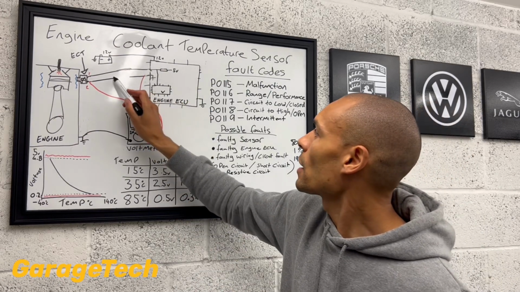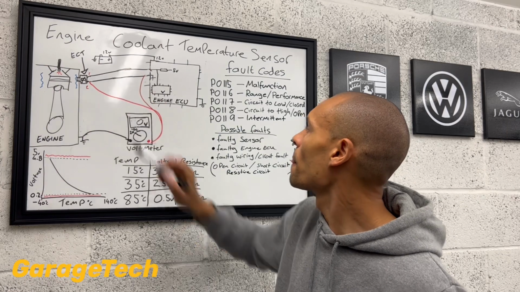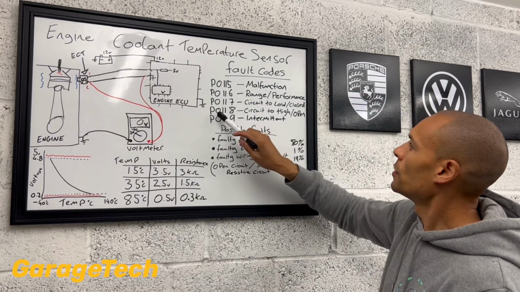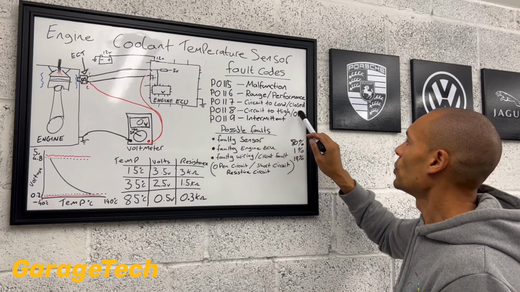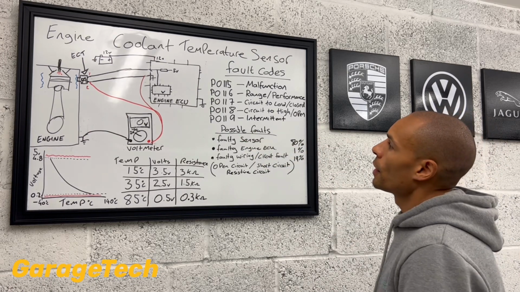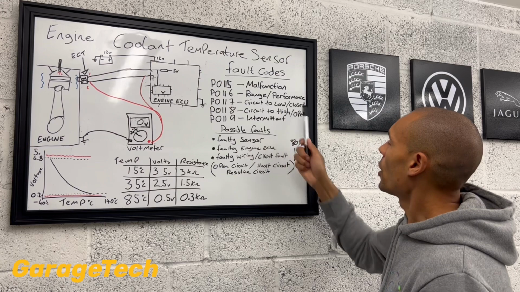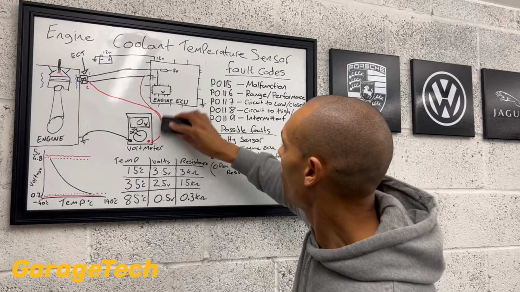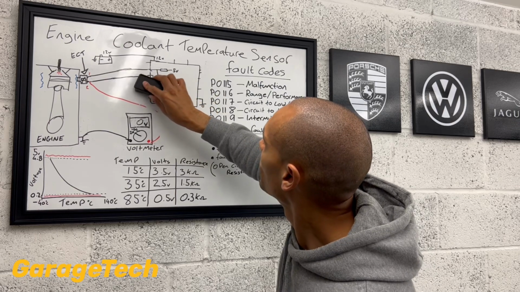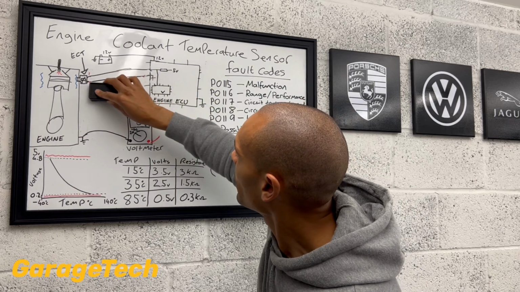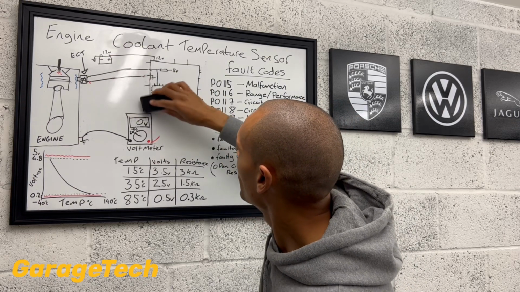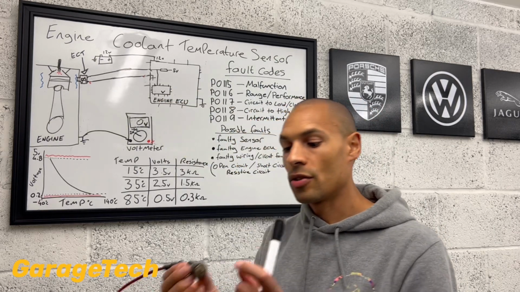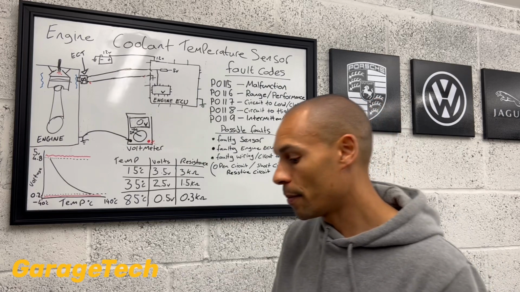So that kind of covers off the potential of that 0118 circuit too high or open fault. Now if we think about the circuit too low and closed, typically with that one you're going to have a short. So again, you want to check the actual sensor itself to make sure that the sensor inside there's not shorted to itself.